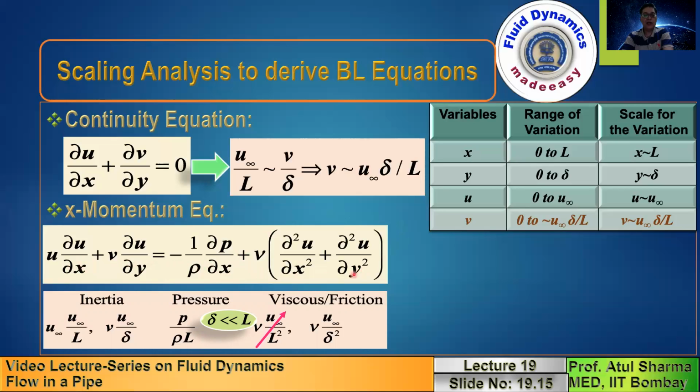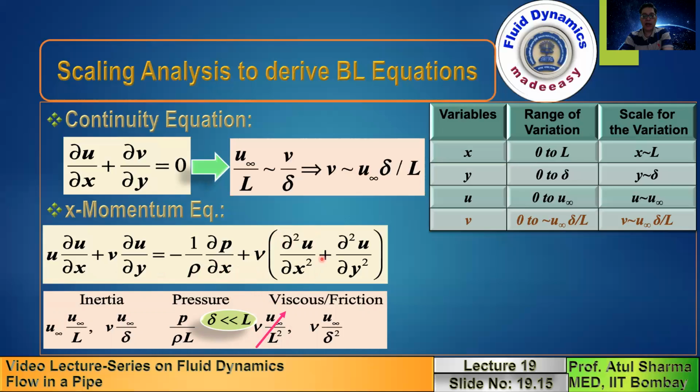And this term D has L square, and as compared to delta, L is much larger, so in the denominator you have a much larger value. If you have something with a larger value and that too squared, then the order of magnitude of this term is negligible as compared to the other terms.